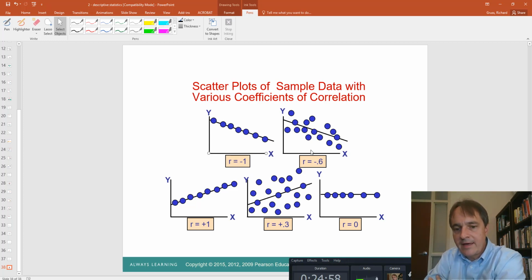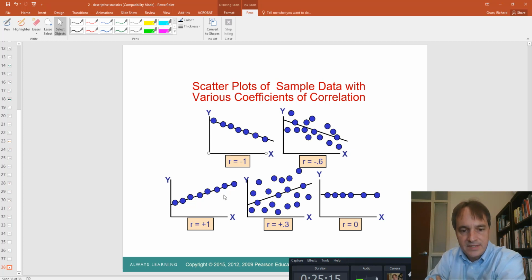In this case, we have a relationship that is negative, but it's not perfect. Not all of the points are exactly on that line. So it's negative 0.6. So it's pretty close. Still a pretty strong negative relationship.